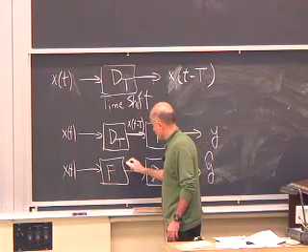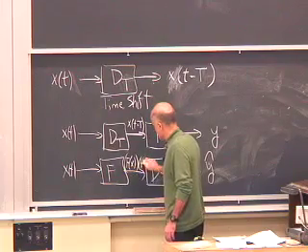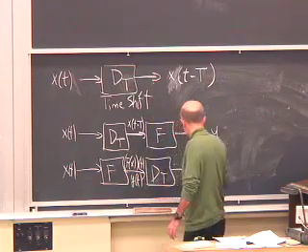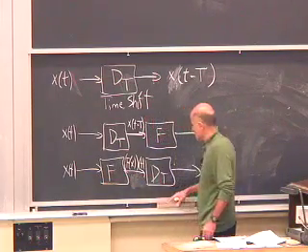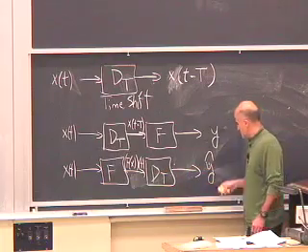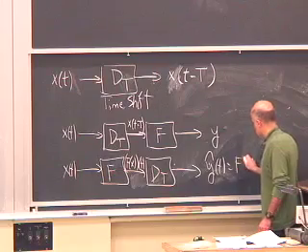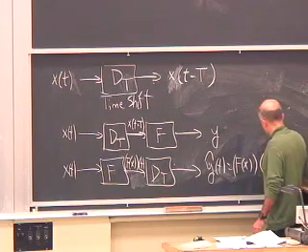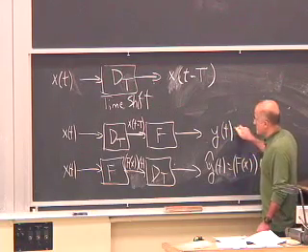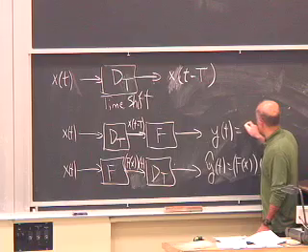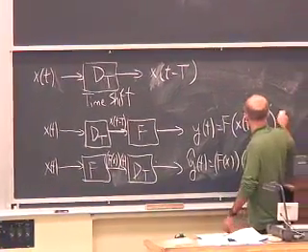This will be f of x as a function of time, which is y of t. Let's not call that y of t, then we're confused. And then you shift it. So you have y hat of t is equal to f of x, and this is f of x of t minus cap T.